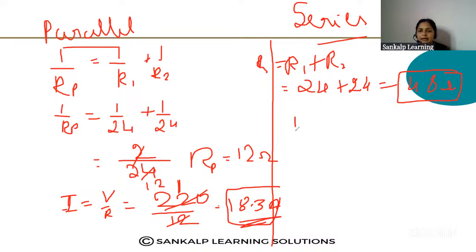Here you have to find the total current. I is equal to V by R formula. Here V is equal to 220 volt, divided by 48.